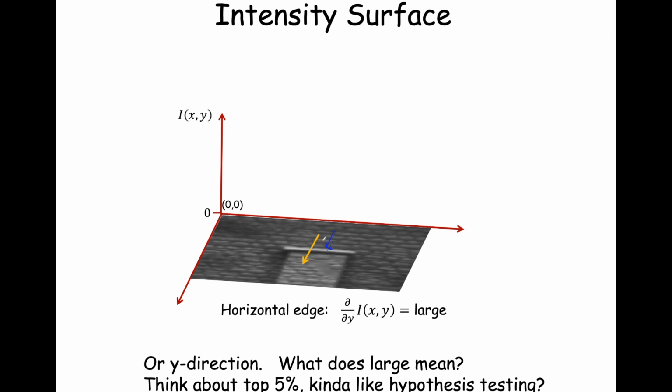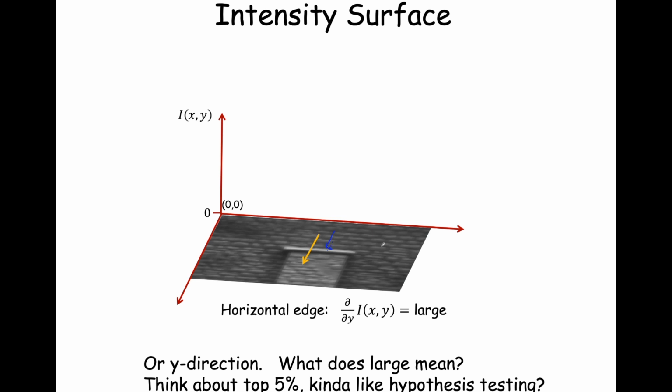And so for this idea of extracting large edges, we can use things that we've learned at this juncture, like percentiles and outliers, to say, okay, among all the derivatives representing edginess in the intensity surface, what are the top 5% strongest edges, those that have the top 5% largest slopes?